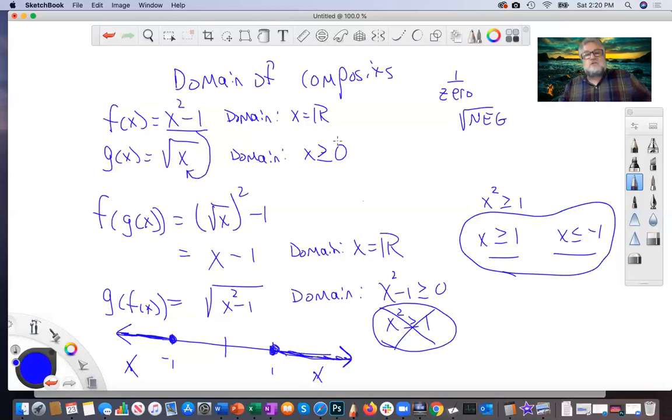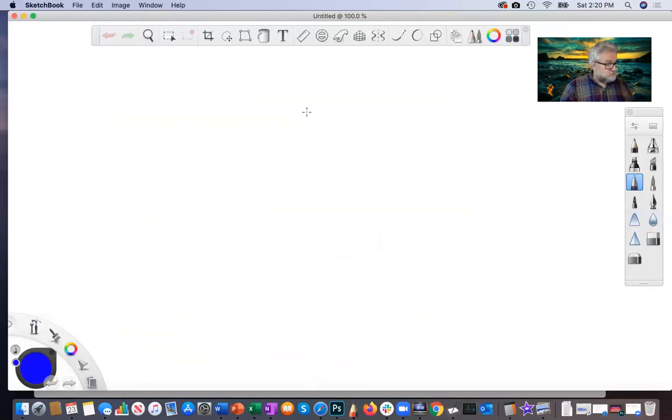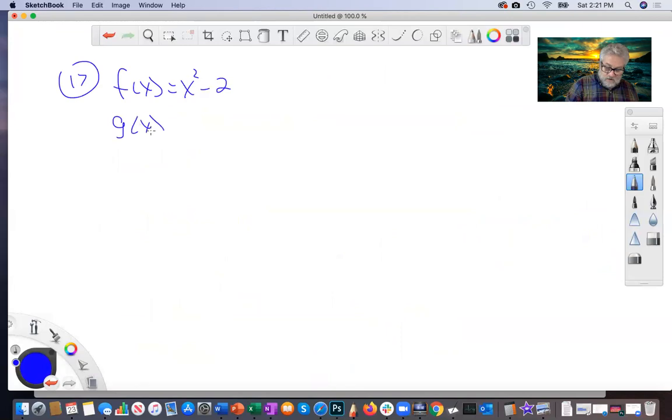So let's say we have, here's problem 17. F of x is x squared minus 2, and g of x is x plus 1.